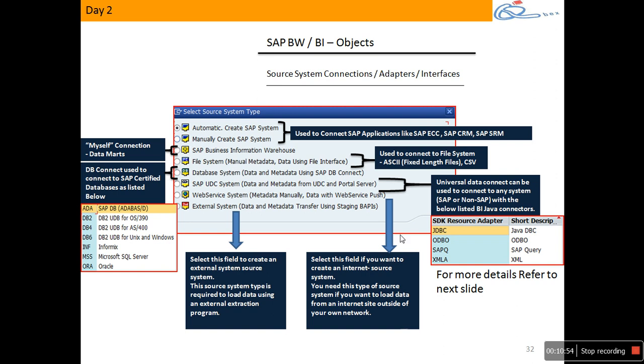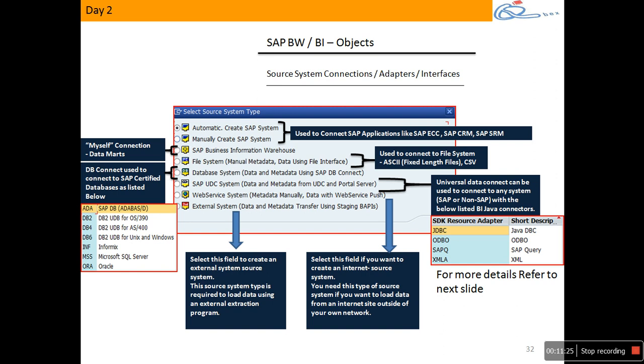And we have SAP query, by which I can connect to any SAP system, whether it is BW, ECC, anything. By using XML, I can extract data from XML, any web services. By ODBC, I can connect to any open database connectivity databases also. So by using Universal Data Connect, I can connect any application, SAP, non-SAP, any legacy system. But the only thing is, it is using the Java stack.